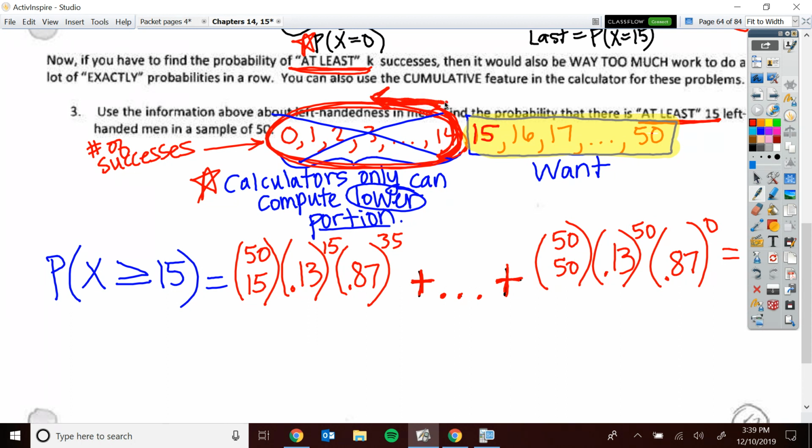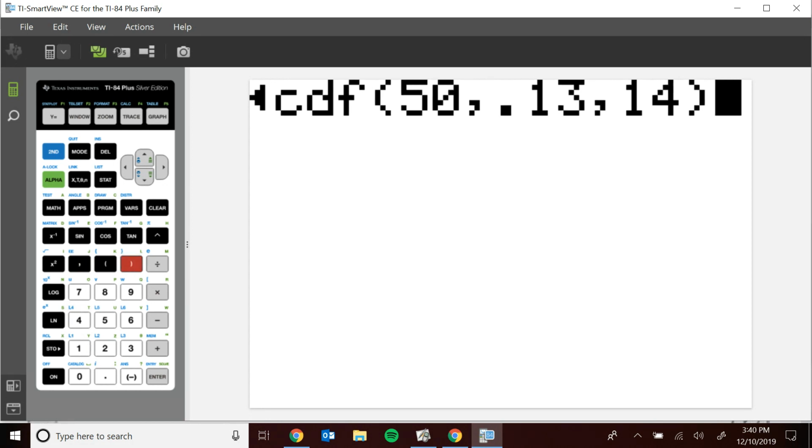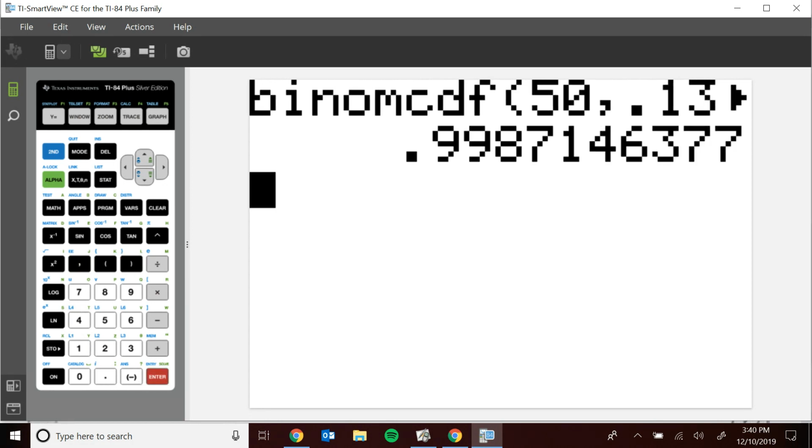So the key to this is always thinking, and I write this out myself. I write out that little sequence, and I mark a little X on what I don't want and what I do want. I want 15 to 50, so I'm going to take off the bottom 14. In my calculator, the bottom 14 is 0.9987.